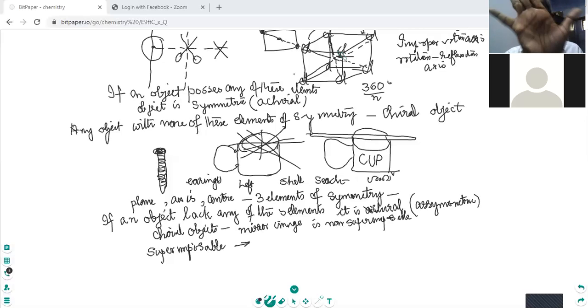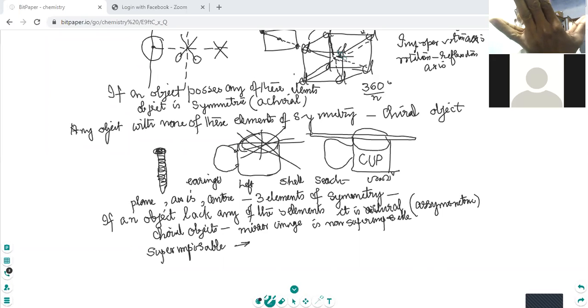Now see, I'm trying to superimpose the same thing on my right. Let me put the thumbs on the same side. These two are matching, the two thumbs are matching. The little fingers are also matching.